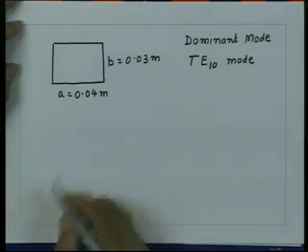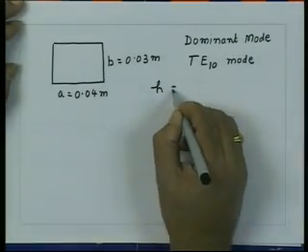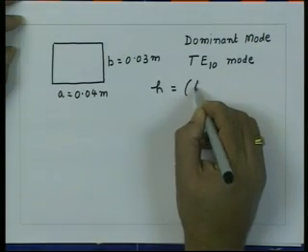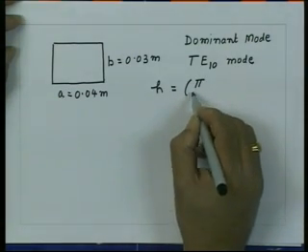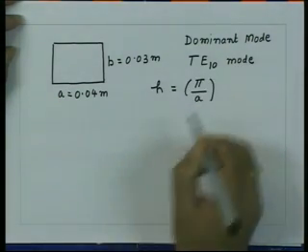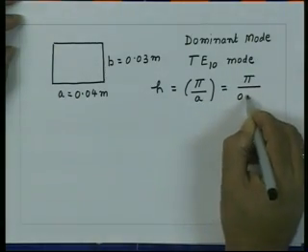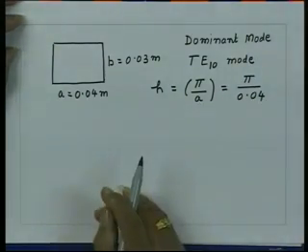So, for this waveguide, the parameter which we have defined for the waveguide, h, is nothing but pi upon a. So, it is equal to pi upon 0.04.